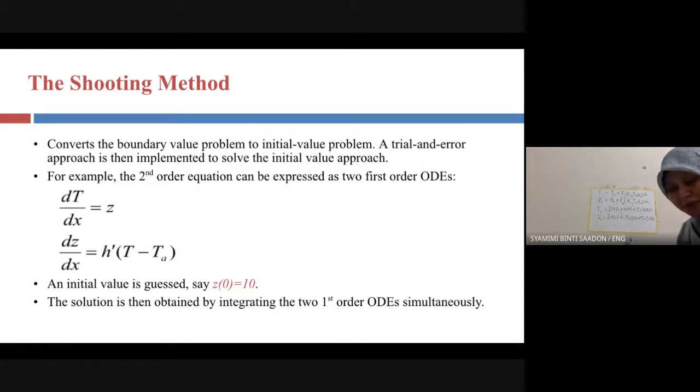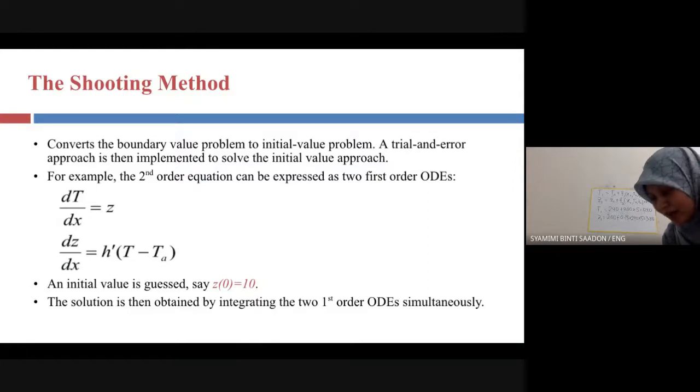So in the example we are doing right now, we separate into dT dx equals z, a new function z. And another one, dz dx equals 0.15 T. Okay, in our example, 0.15 T.